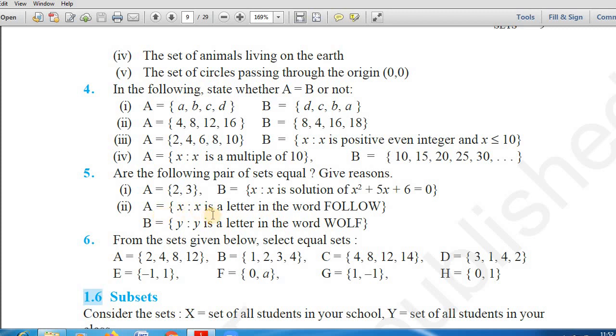Example number 2: A is the set of x such that x is a letter of the word FOLLOW, F-O-L-L-O-W. B is another set which consists of the letters of the word WOLF, W-O-L-F.